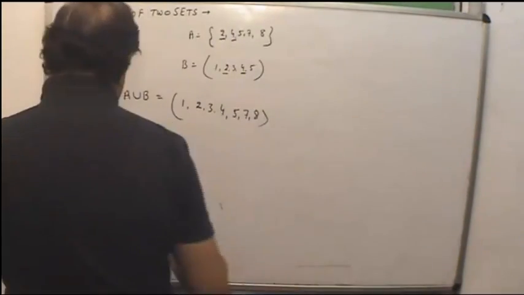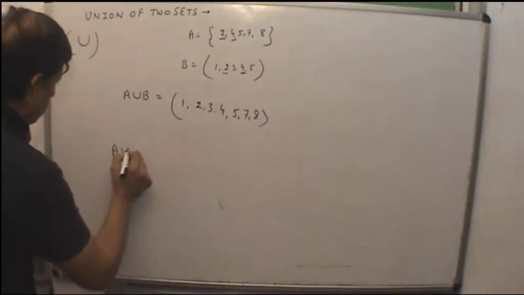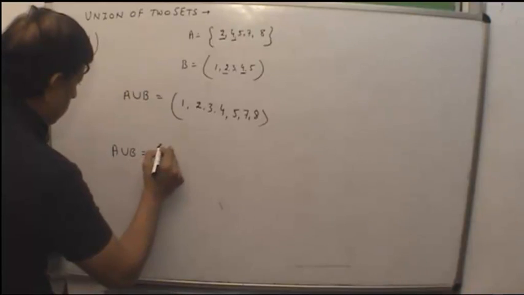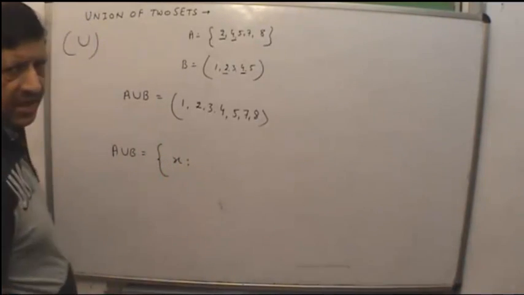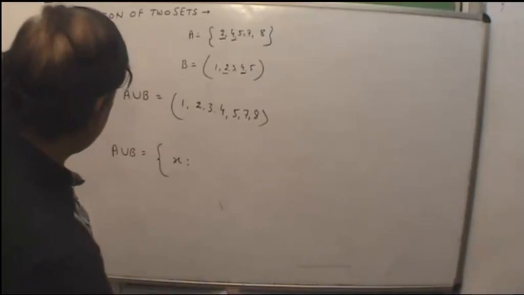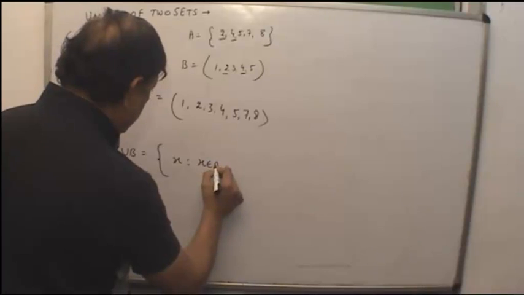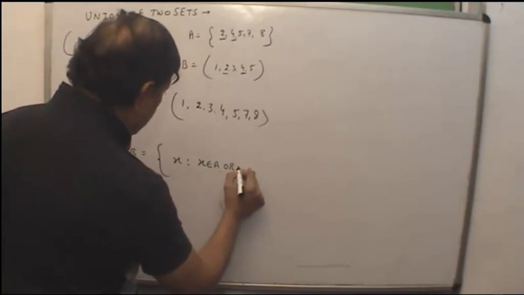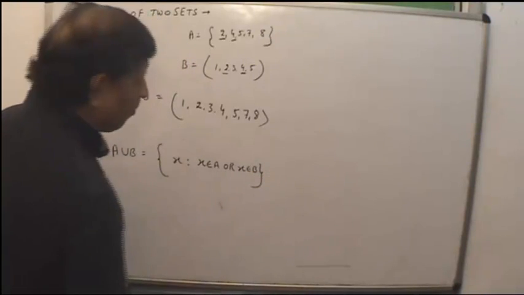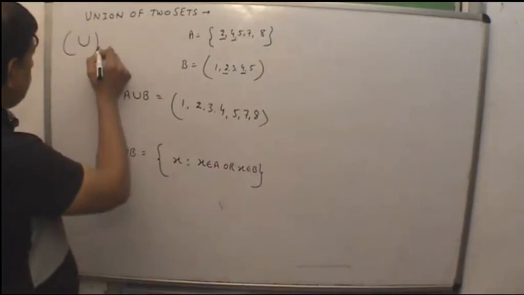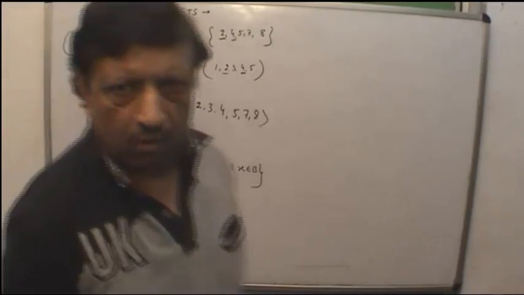In the set builder form, how do we write it? A union B is equal to X such that X belongs to A or X belongs to B. In our general language, union stands for or.